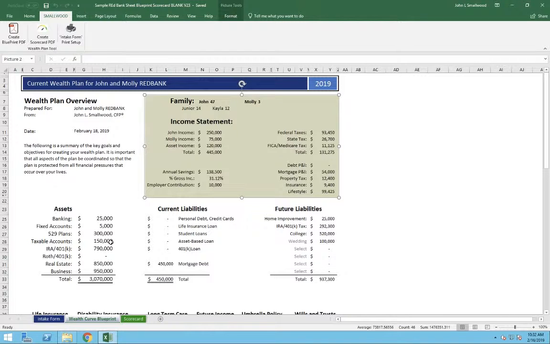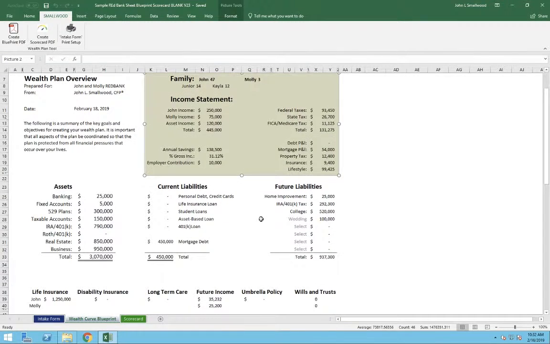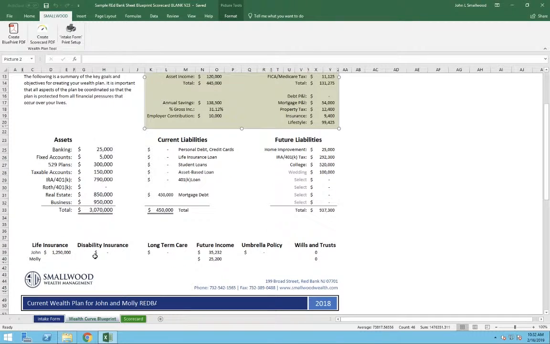See their assets, their current liabilities, their future liabilities, life insurance, disability insurance, these foundational items here, the long-term care, future income sources, pension, Social Security, their umbrella protection, their wills and trusts. All of these need to be optimal.